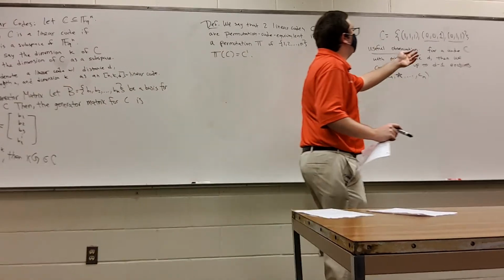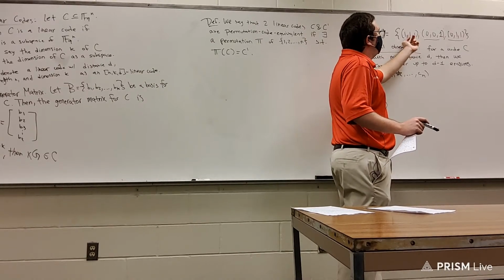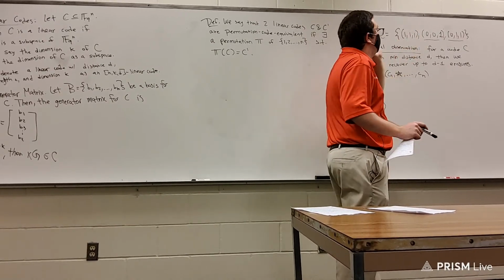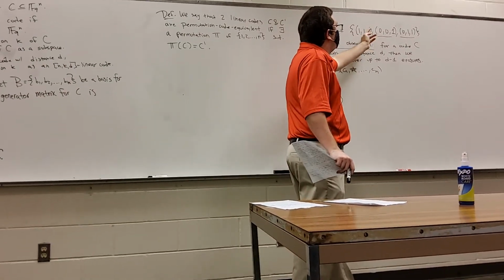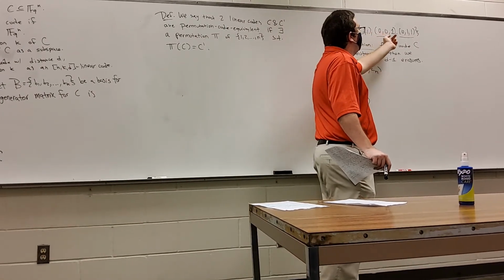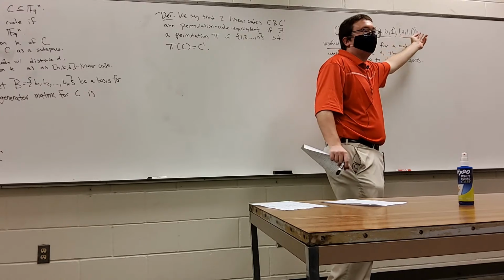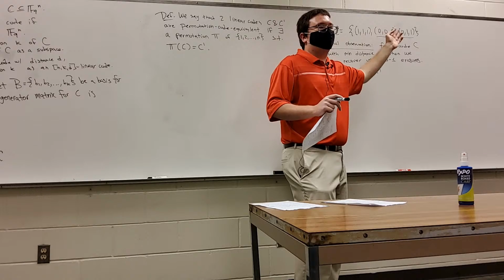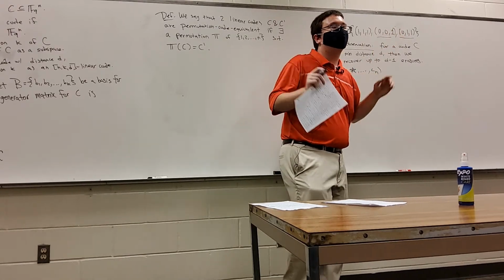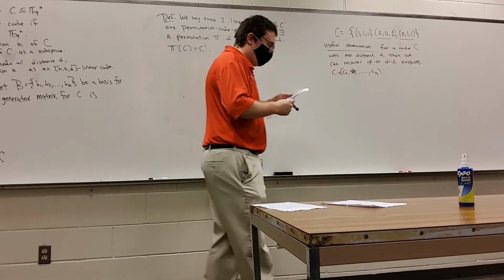For example, if I swap the second and third coordinates, this would stay the same, this would be 0, 1, 0, and this would still be 0, 1, 1. But those two would be permutation code equivalent to each other.